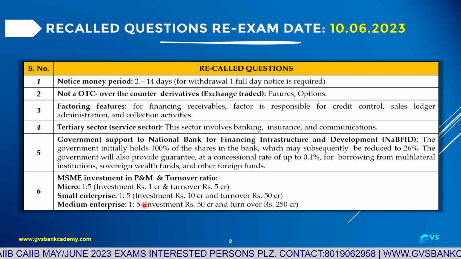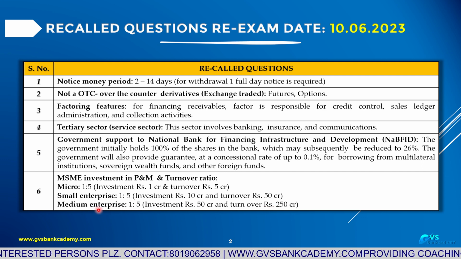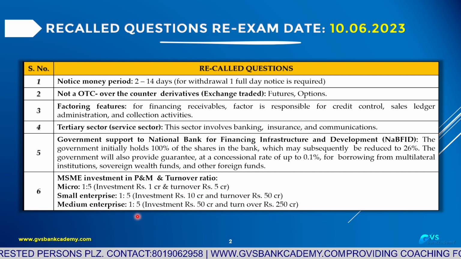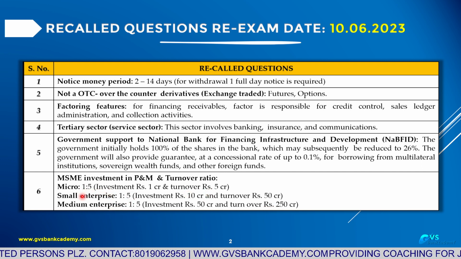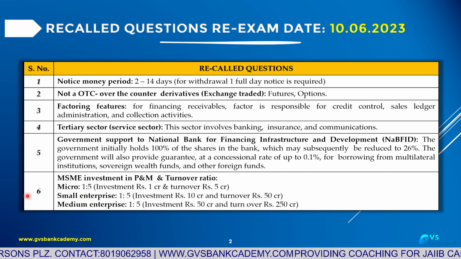Small enterprise: investment not exceeding 10 crores and turnover not exceeding 50 crores, also 1:5. Medium enterprise: investment 50 crores, turnover 250 crores, also 1:5. Investment to turnover is 1:5 in all micro, small and medium. This is the 6th question.